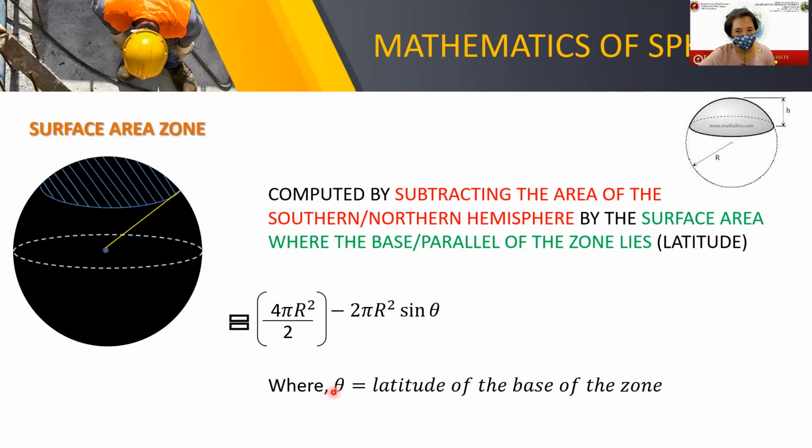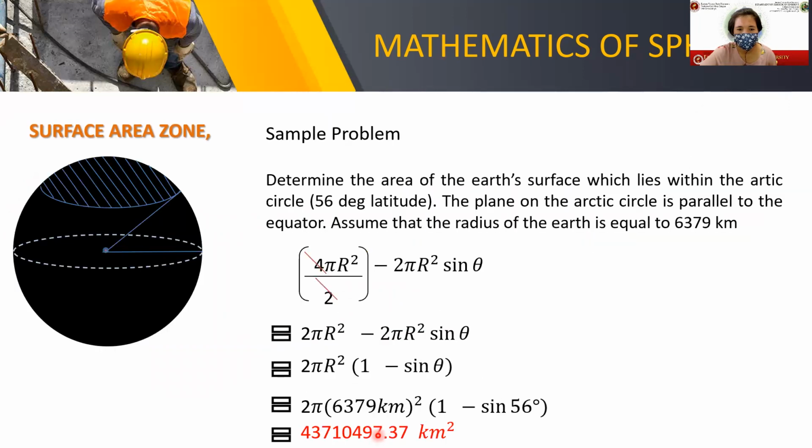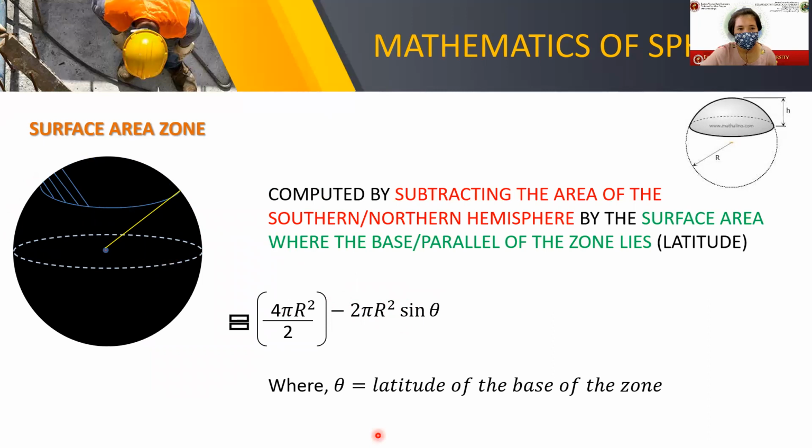Where theta is the latitude of the base of the zone, we can compute by just direct substitution, we can determine the area of the zone.